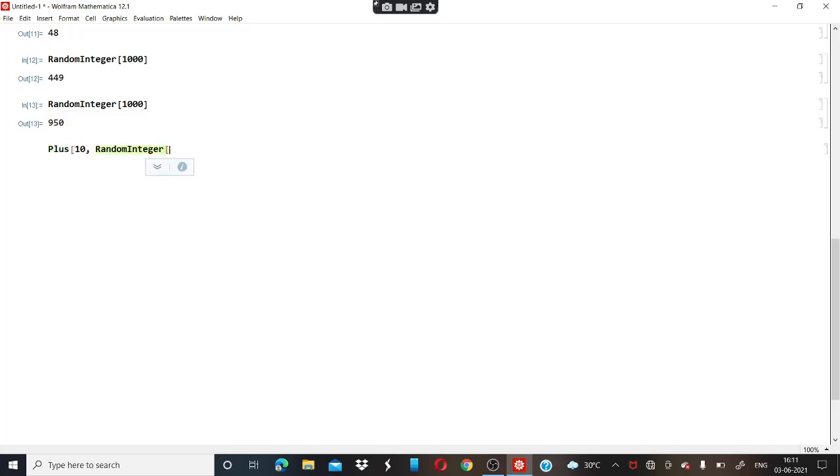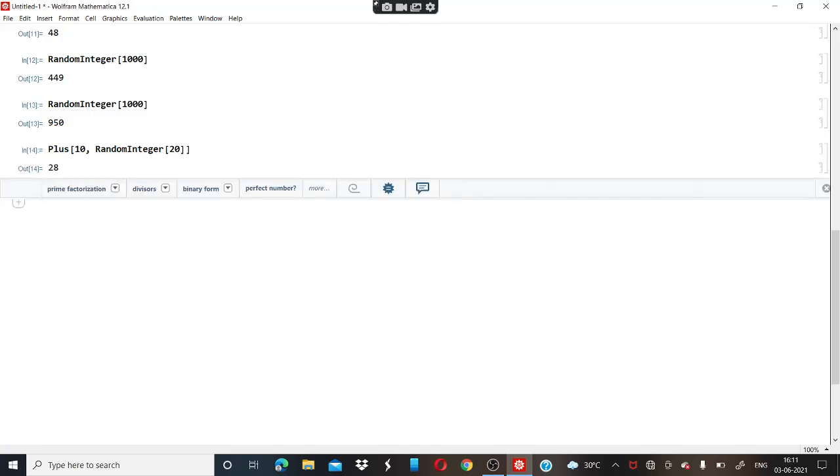Like you see here, for example we are putting 20, so we are getting 28. This is wrong, we want an answer between 10 and 20. So what will we do? We will just change the number to 10. Now you will see that you will find the result between 10 and 20.